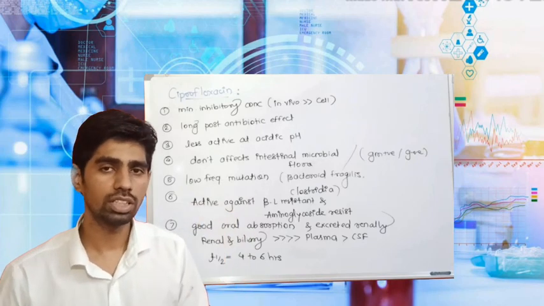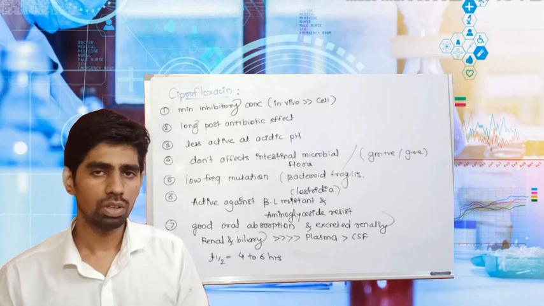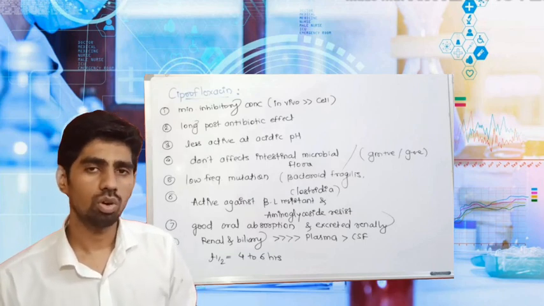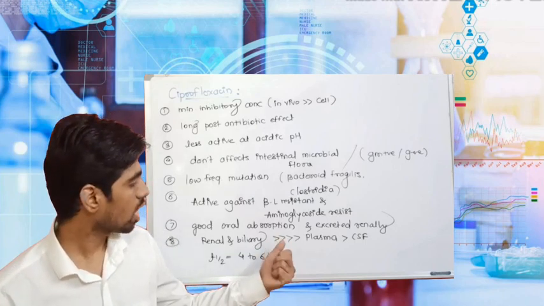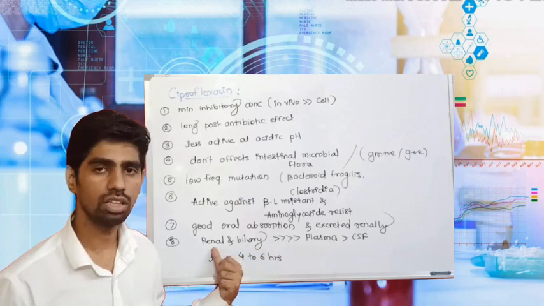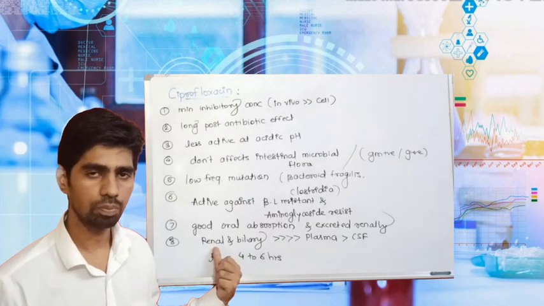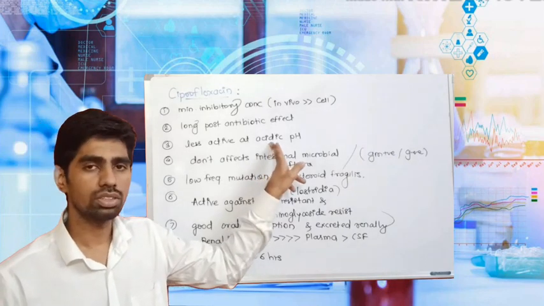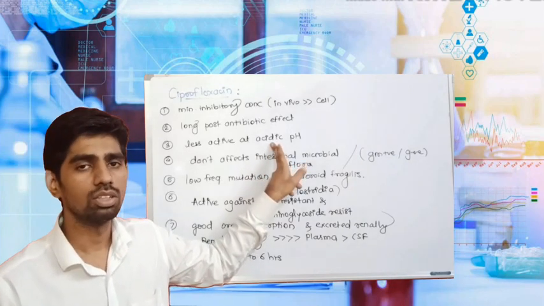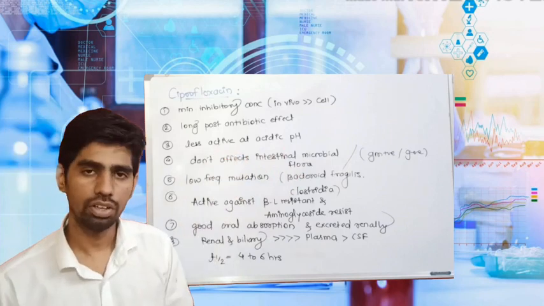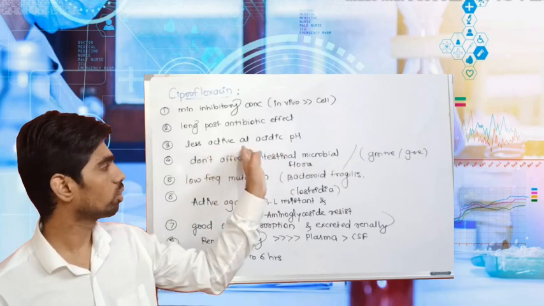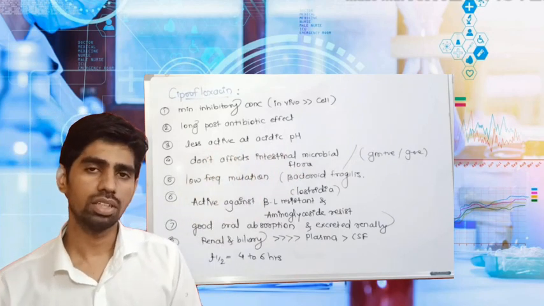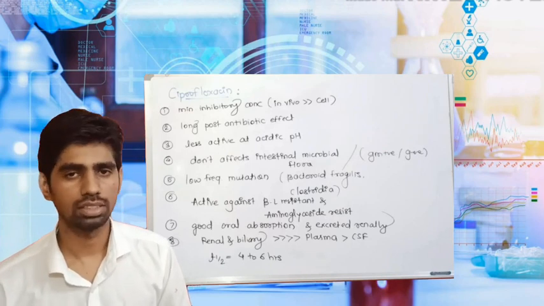Now why is this point mentioned? Because we know that the quinolones or fluoroquinolones attain higher concentration in the urine. So if at that time the pH turns slightly acidic, its activity will be reduced. So that's why it is important to consider that it is less active at acidic pH.